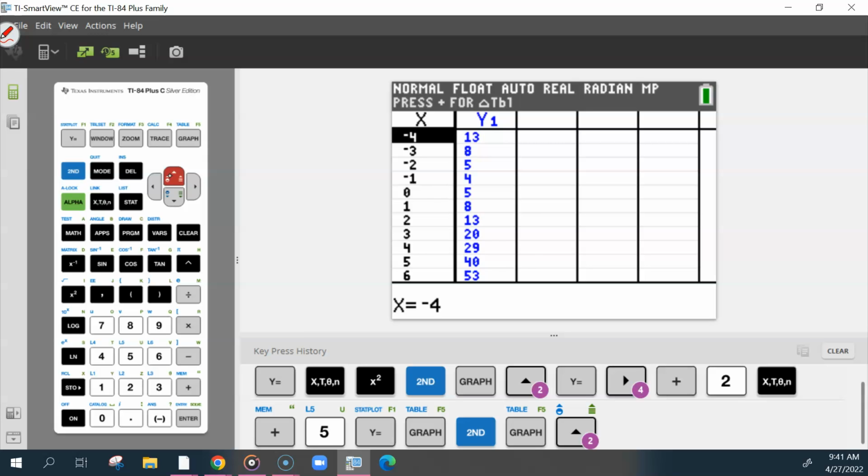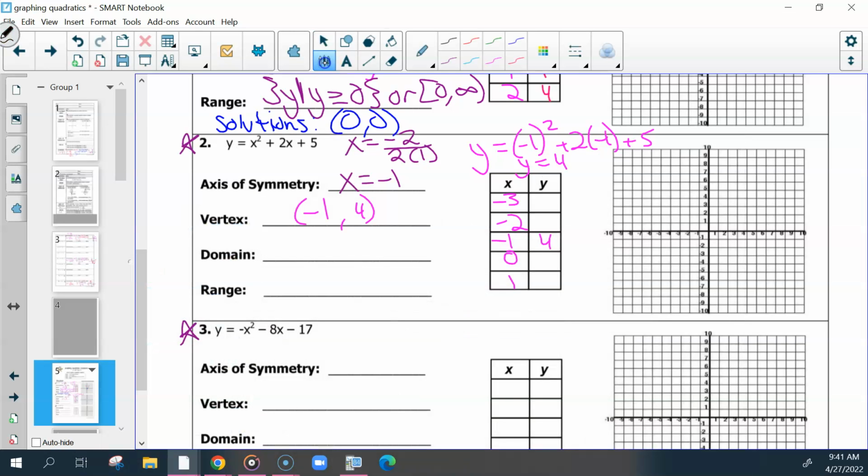So these are the points I'm going to use. I think I did something wrong. What is your equation? What's the number across from 0 to 5? 5.